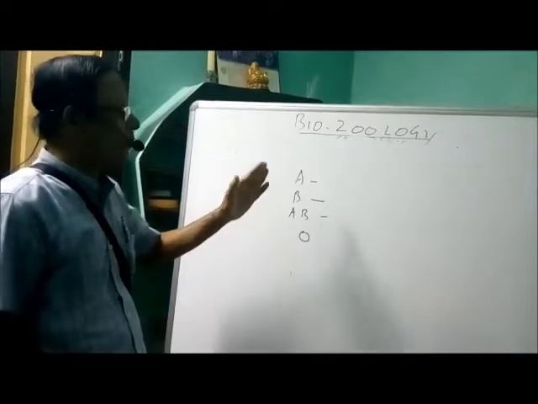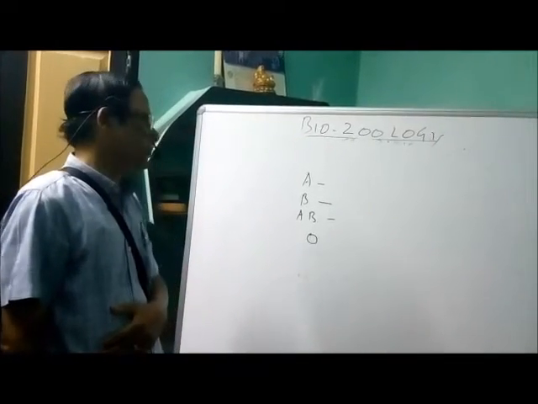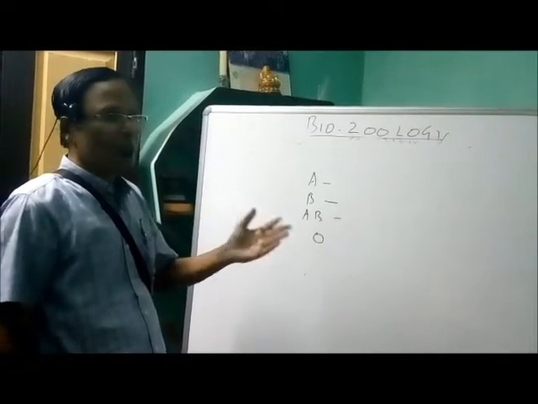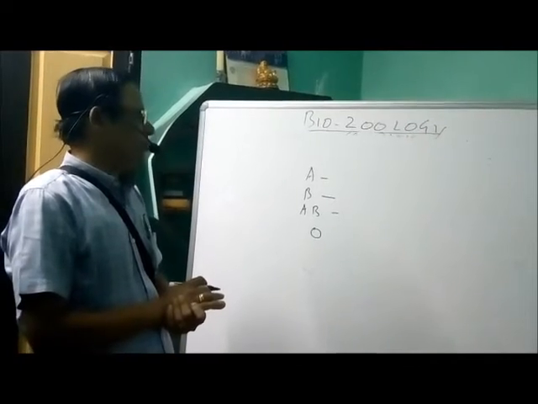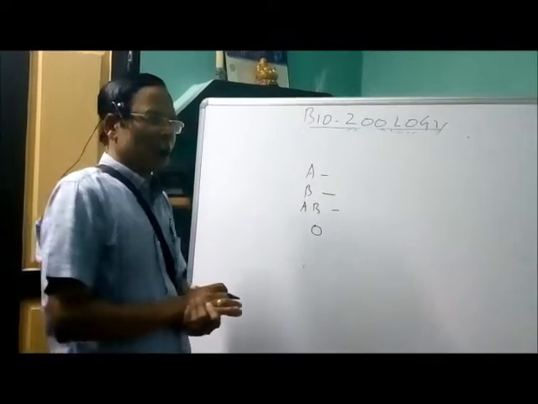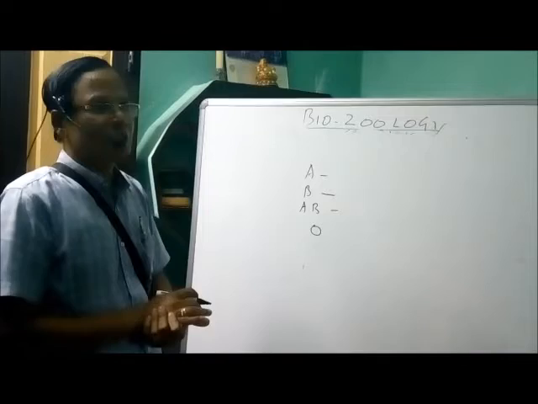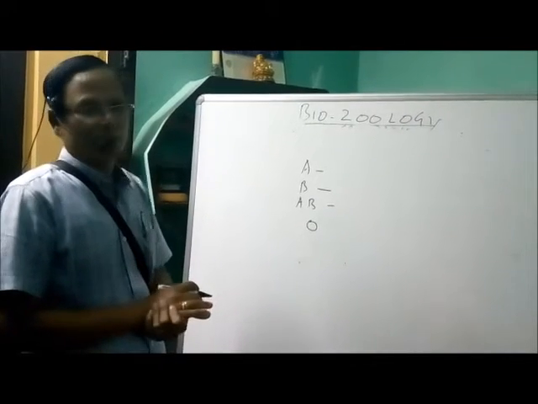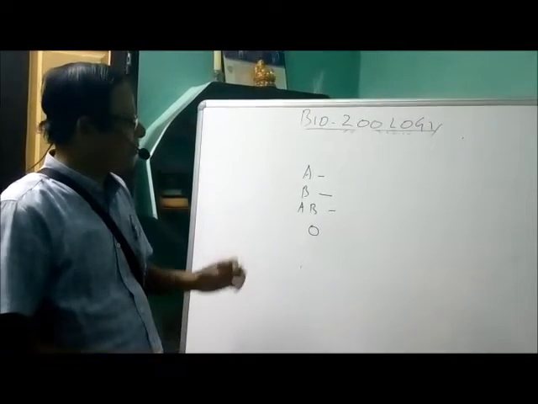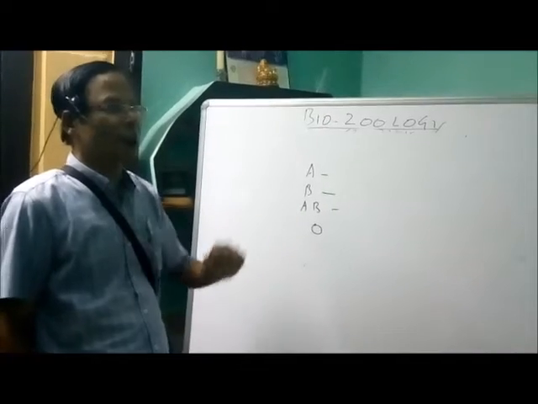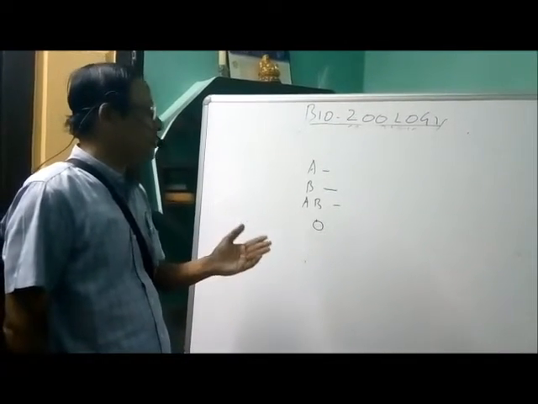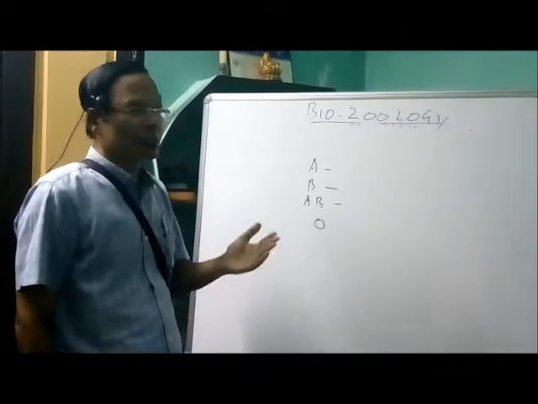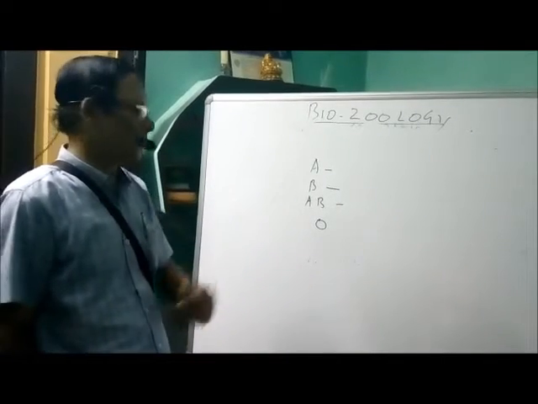Okay, this is a biochemical analysis, what is studied already last year. What are the corresponding antibodies present in the plasma? Antigens are present at the surface of RBC. Antibodies, the protective proteins, are found in the plasma.